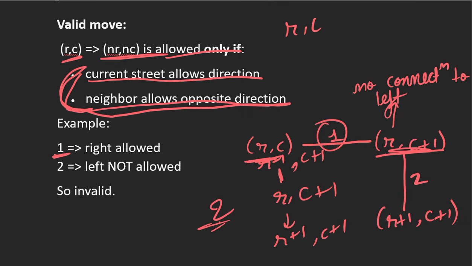But from r comma c plus 1 we are unable to go back to the cell r comma c. That means they are not directly connected, so it is an invalid move.